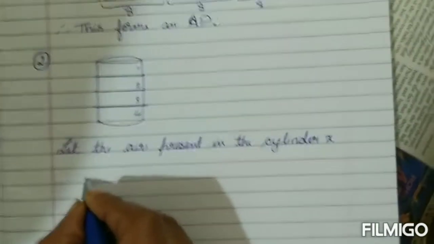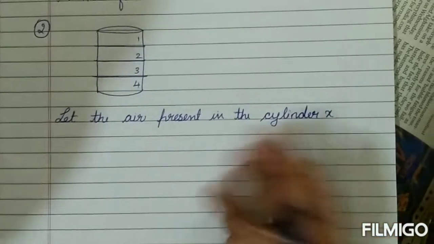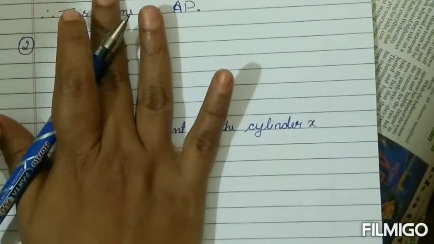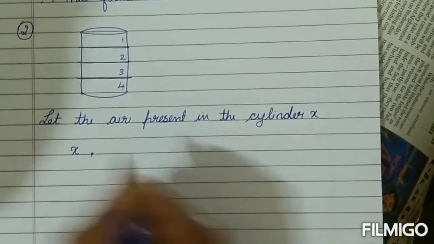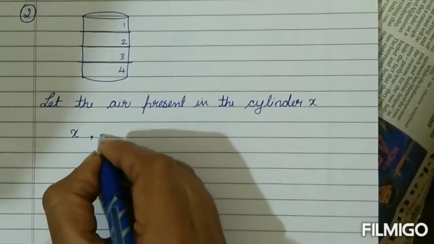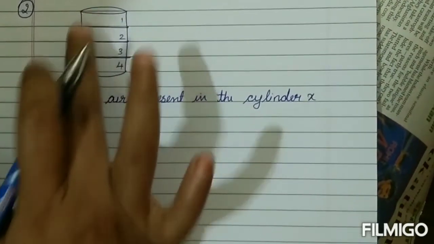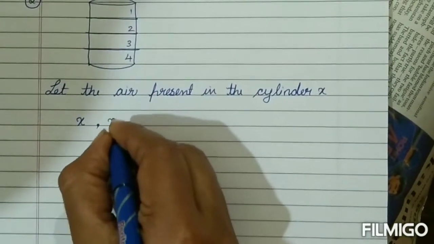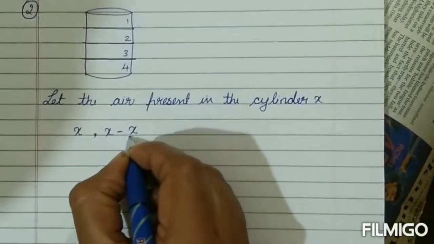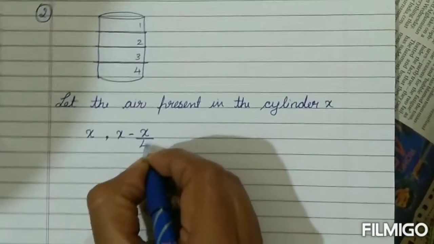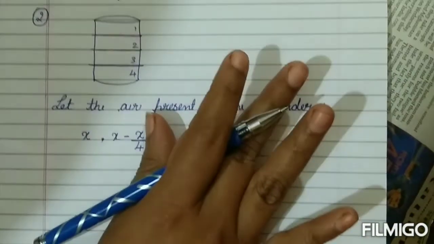Okay, the first term will be X, the full cylinder of air. Next, the air present in the cylinder minus 1/4 of it.